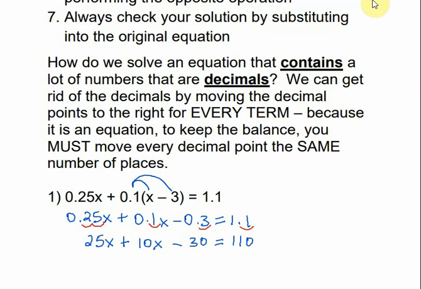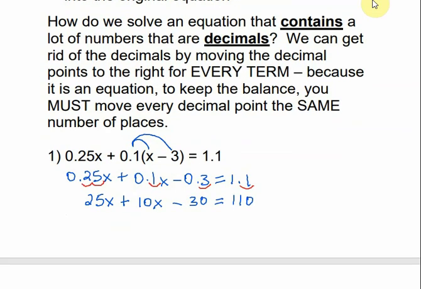And now I have a linear equation with no decimals, and I would solve it just like I would any other linear equation. I want to combine my like terms. 25x plus 10x would be 35x. Then I need to move the stuff away from the x, so I'm going to add 30.